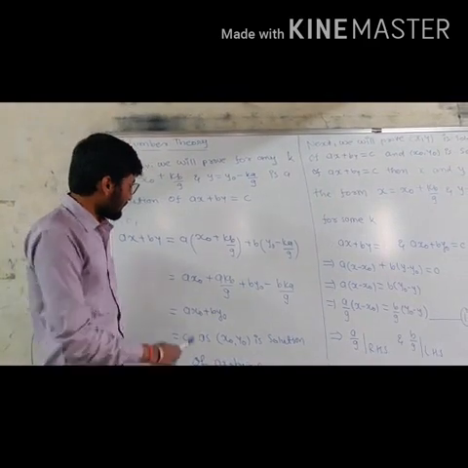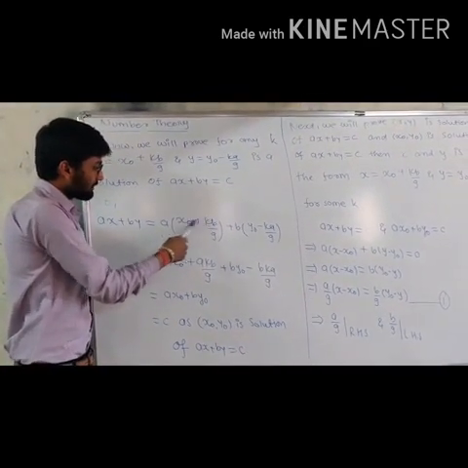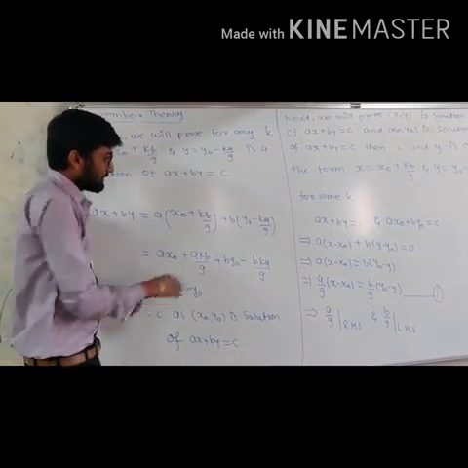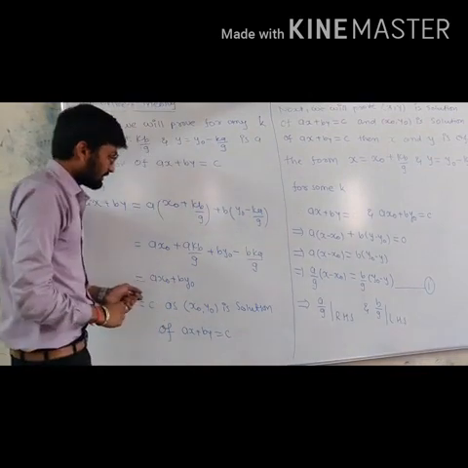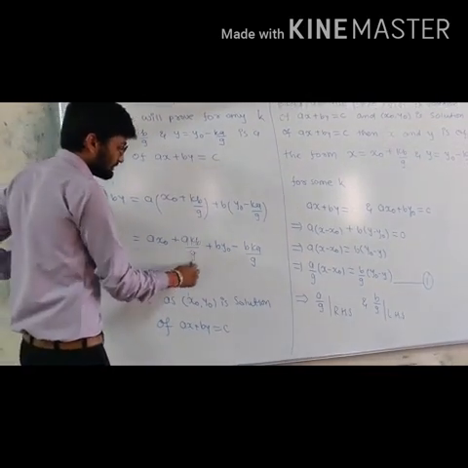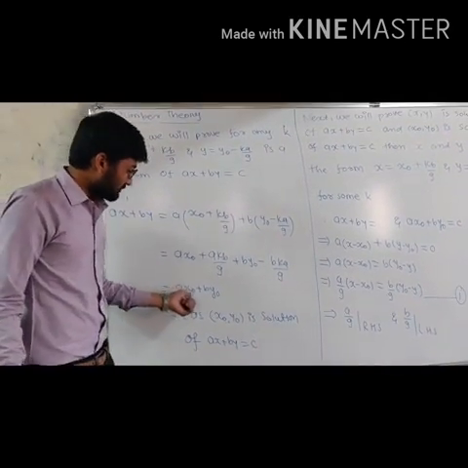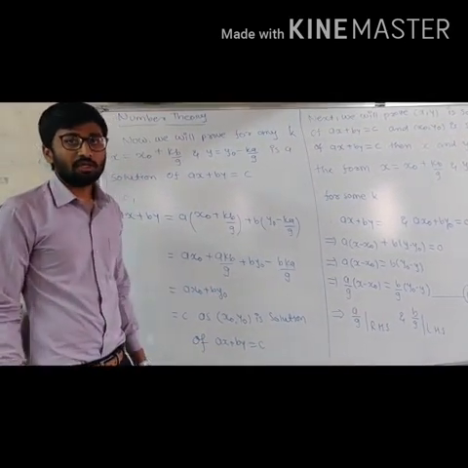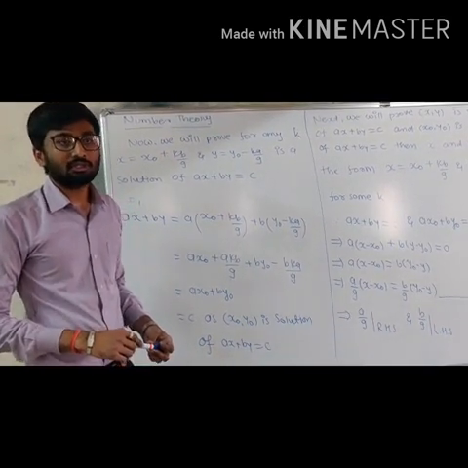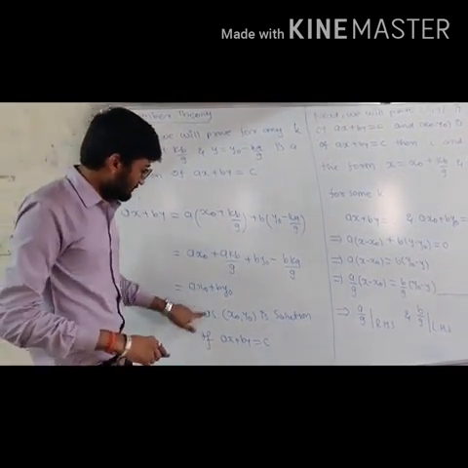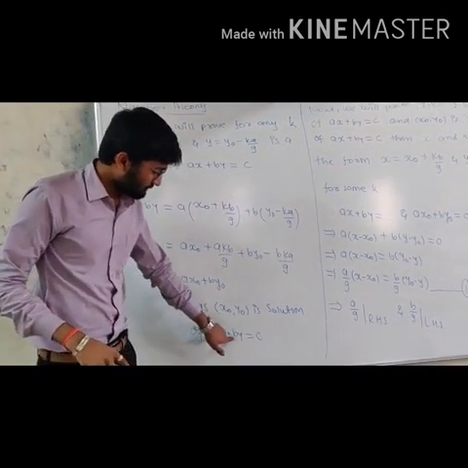This simplifies to a x0 plus a k b by g, and b y0 minus b k a by g, and a k b by g and b k a by g cancel. Therefore we have a x0 plus b y0, and since x0 and y0 is a solution of ax plus by equals c, a x0 plus b y0 equals c.